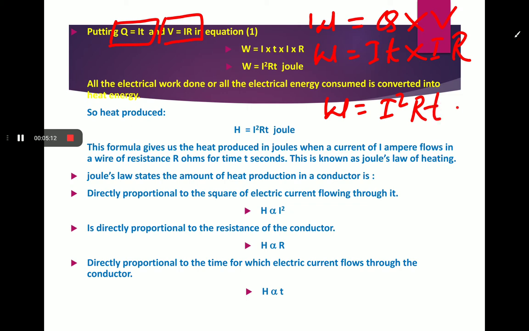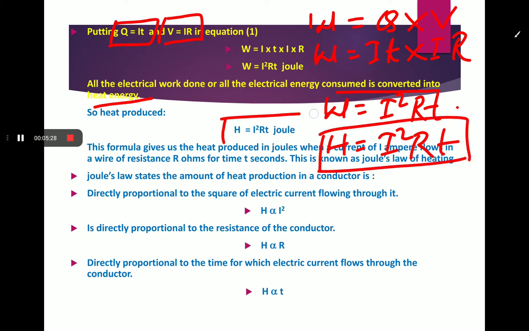All the electrical work done or the electrical energy consumed is converted into heat energy. So it can also be written that heat is equal to I squared R t, which is the required formula.